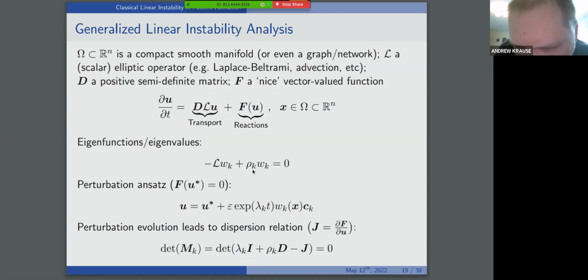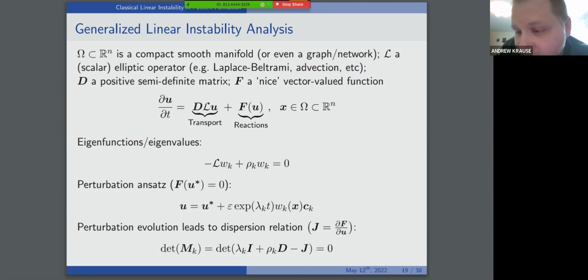And the sign of these rho k's is kind of important. But the point of this general picture is that all of the geometry and all of the effects of the transport appear in this term rho k, and all of the effects of the reactions and the kinetics of your interacting species appear in this term involving J, and these are cleanly separated.